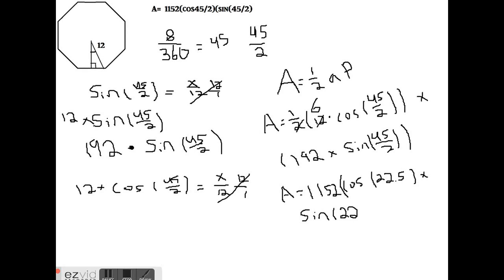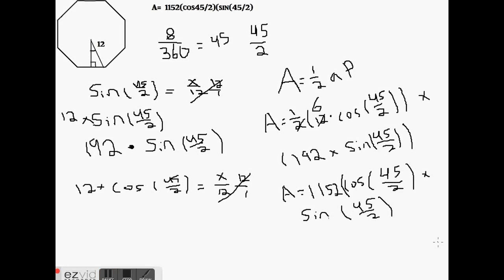Oh wait, I accidentally wrote it that way on my paper, but 22.5 is 45 over 2, and I will just fix that real quick. I'll pause this. Alright, so I fixed that, and now you get the answer which we were given. Area equals 1152 times cosine 45 over 2 times sine 45 over 2.